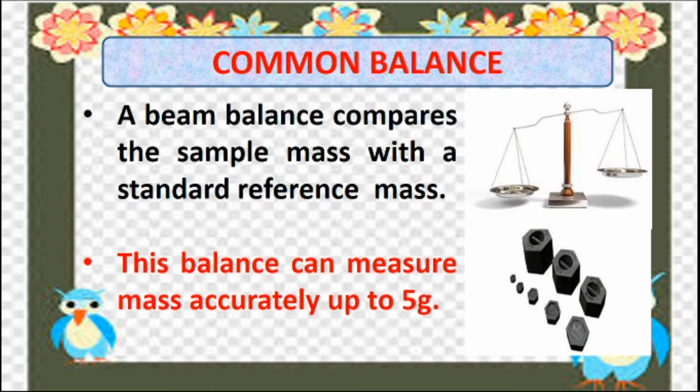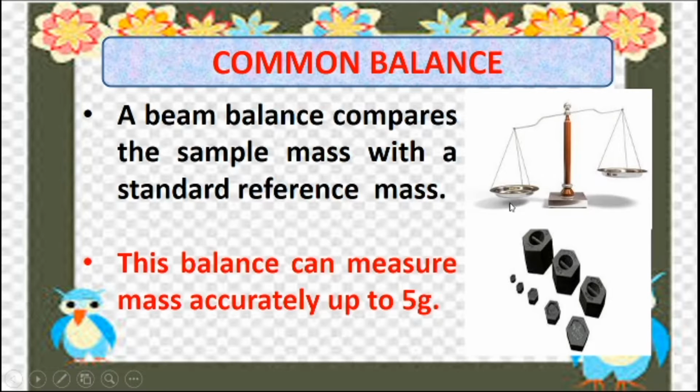A beam balance compares the sample mass with the standard reference mass. All of you look at this image. These are all called the standard reference masses. We keep the standard reference mass on one side and the sample mass on the other side.